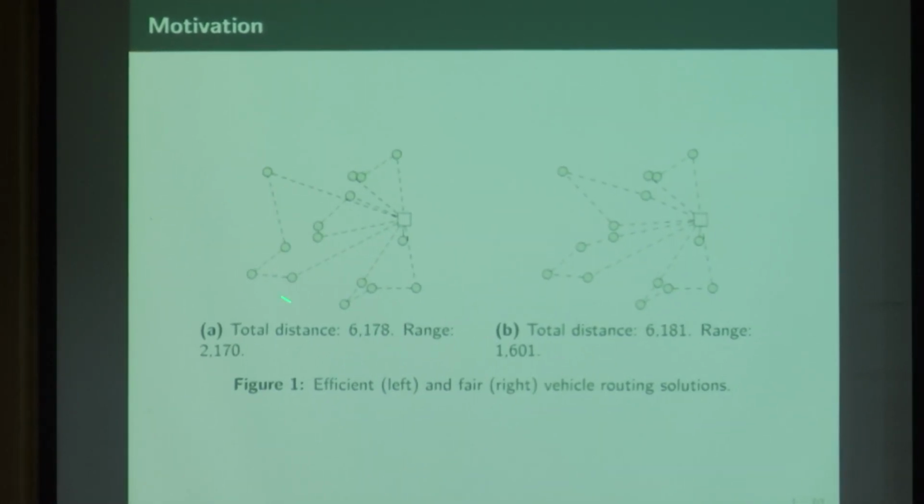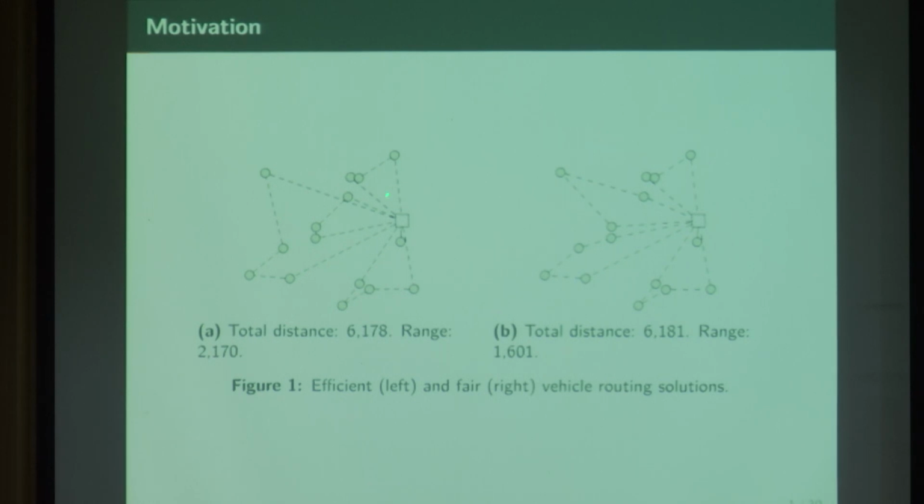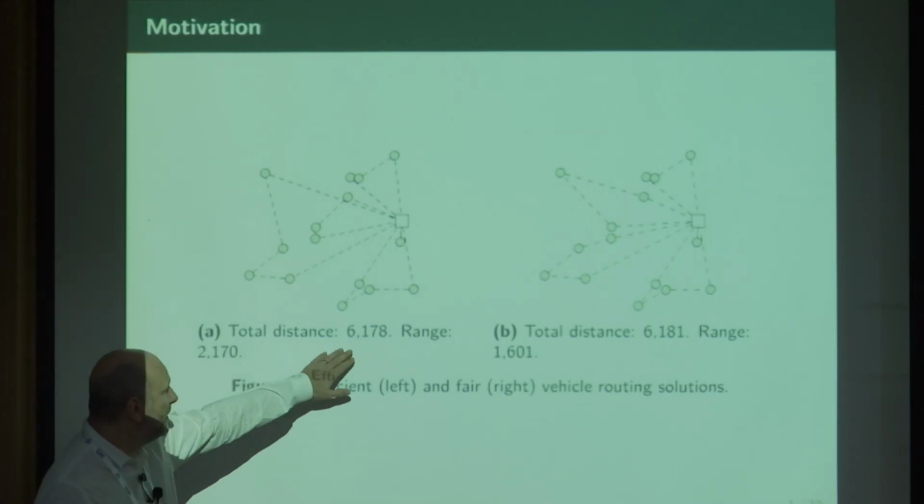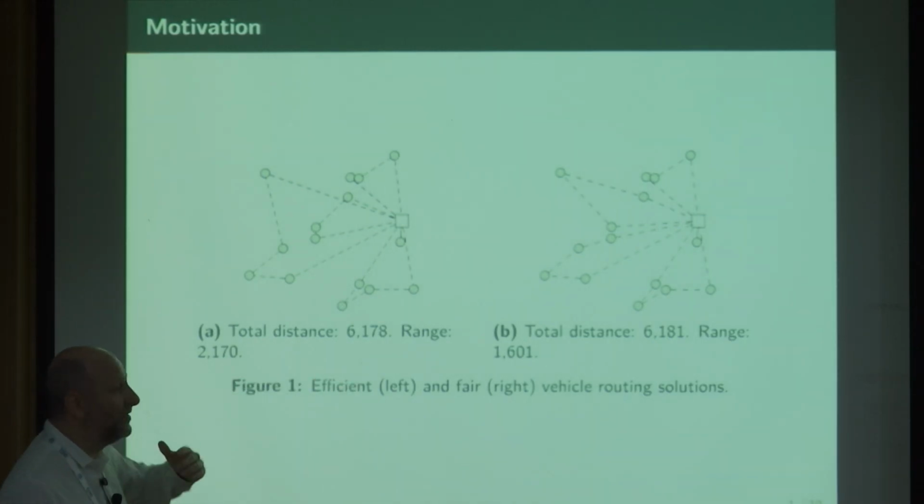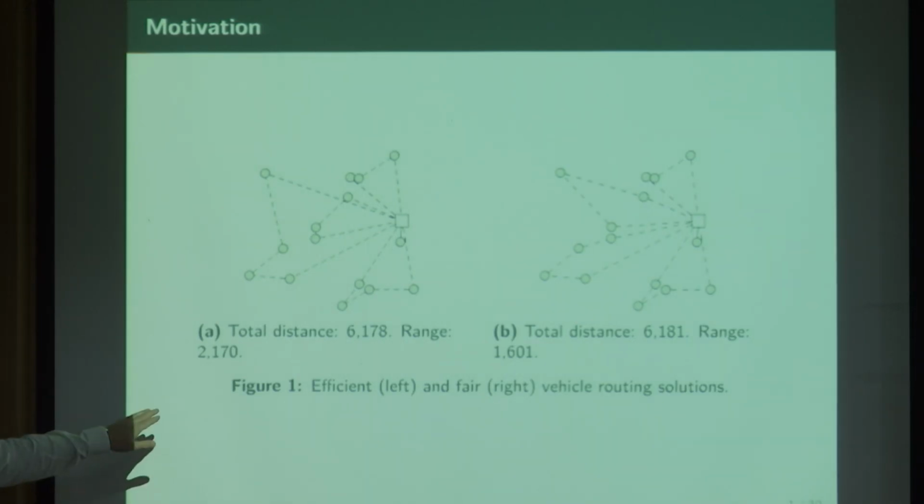This is the optimal solution, in which there are significant differences between the lengths of the routes. Maybe one driver is going to drive a lot, and another much less. The total distance traveled here is 6,178 in some unit.